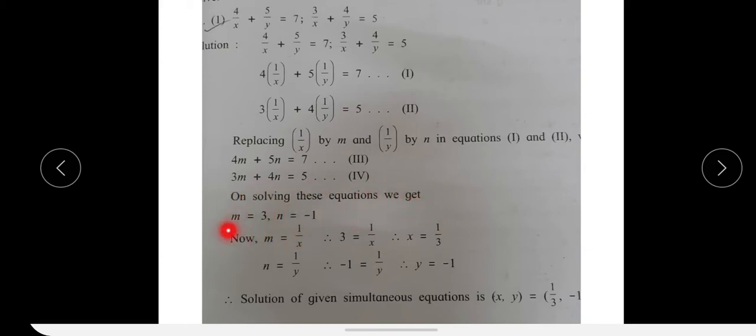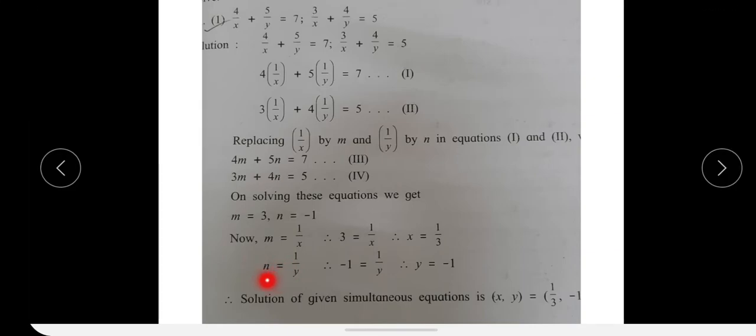After elimination, you will get m is equal to 3 and n is equal to minus 1. Now, m is equal to 3, but you know that we assumed m for 1 upon x. Therefore, m is equal to 1 upon x, and m means 3. Therefore, 3 is equal to 1 upon x. Then by inverting both sides, or you may cross multiply, x is equal to 1 upon 3.